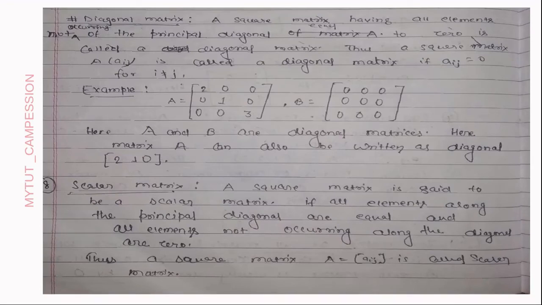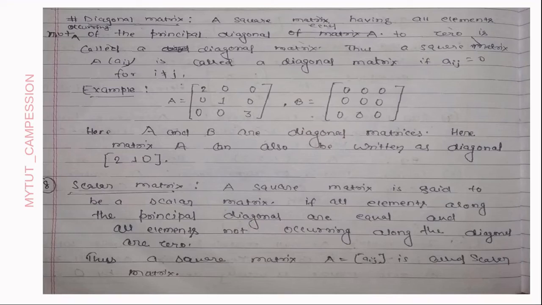What is the difference between a diagonal matrix and a scalar matrix? A diagonal matrix where all elements of the diagonal are equal is a scalar matrix. For a diagonal matrix we require a square matrix whose elements, except the principal diagonal elements, are 0.